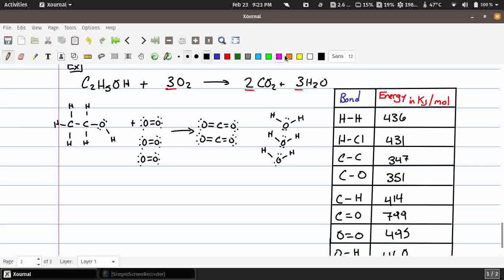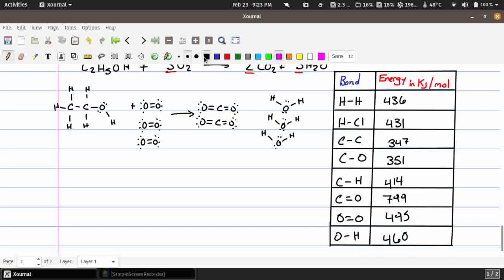Okay. So the way I like to do this is I draw a little line from the reaction arrow, depending on how you're doing it. I like to highlight the bonds that are different from each other on each side, and I write them down.